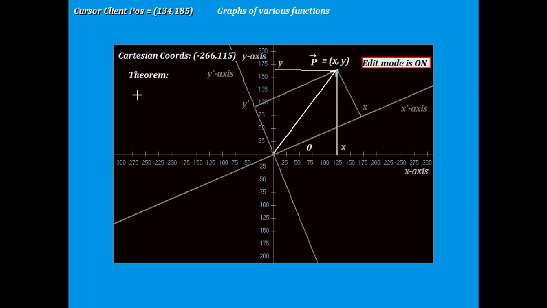Like I said, I've never memorized it because it's one of those things that there's a sign involved and you always get the sign wrong. First I'll write x and y in terms of the primes.